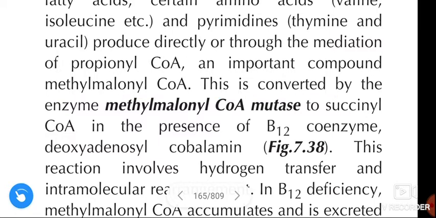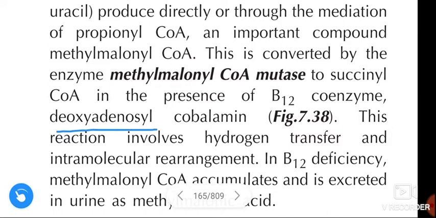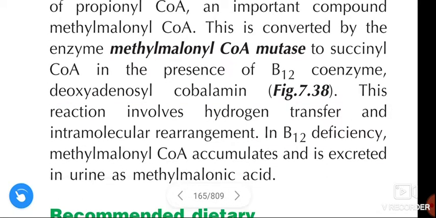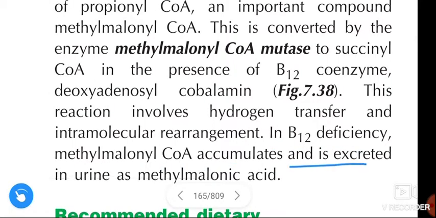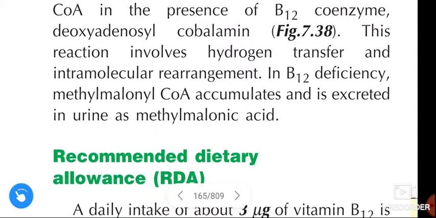This is converted by the enzyme methylmalonyl-CoA mutase to succinyl-CoA in the presence of B12 coenzyme deoxyadenosylcobalamin. This reaction involves hydrogen transfer and intramolecular rearrangement. In B12 deficiency, methylmalonyl-CoA accumulates and is excreted in urine as methylmalonic acid.